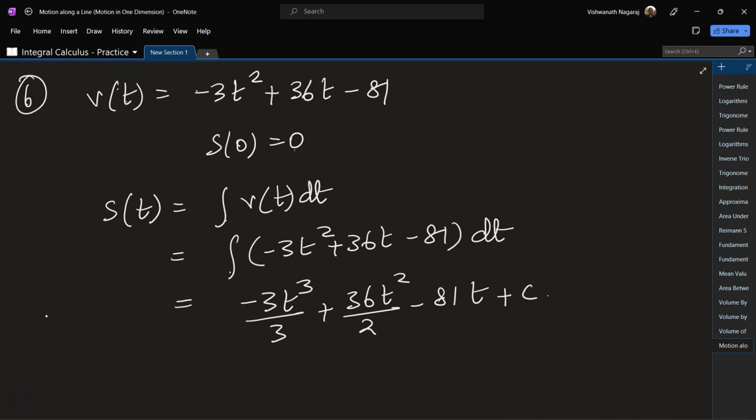And again, because s of 0 is equal to 0, t's all become 0, c will be equal to 0. So this becomes 0, 3 cancels, 2 18s. So our expression for displacement is minus t cube plus 18t square minus 81t.